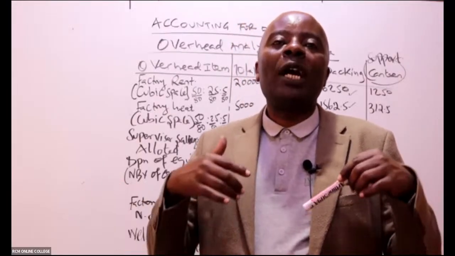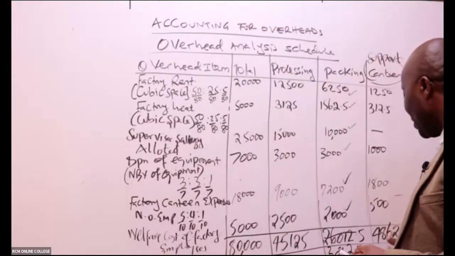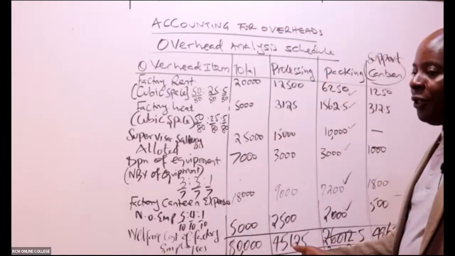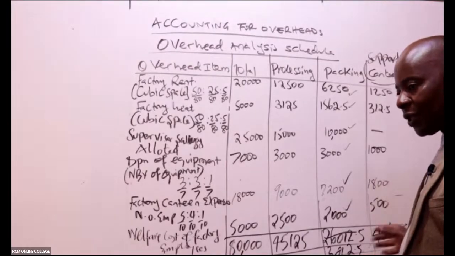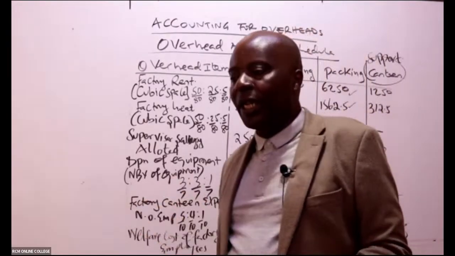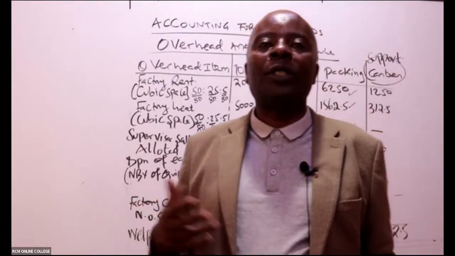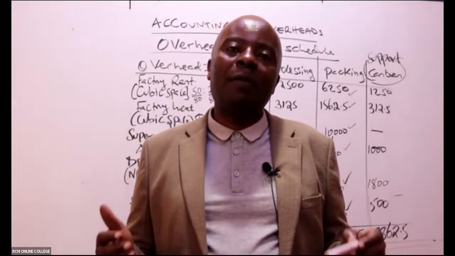In short, we have to redistribute this expenditure into the two departments. Why are we redistributing this? Ladies and gentlemen, it's because in management accounting we are told that support departments can never bear their own costs, can never bear any weight.